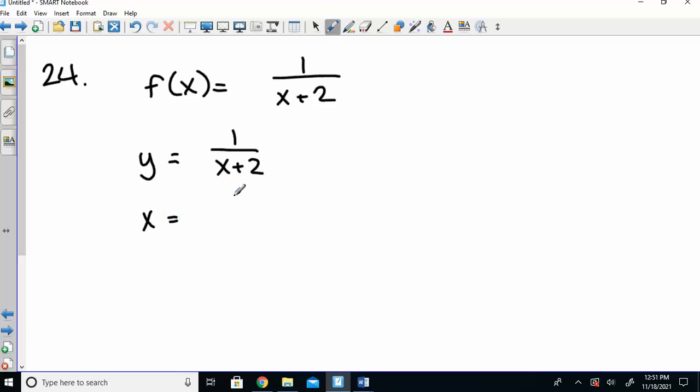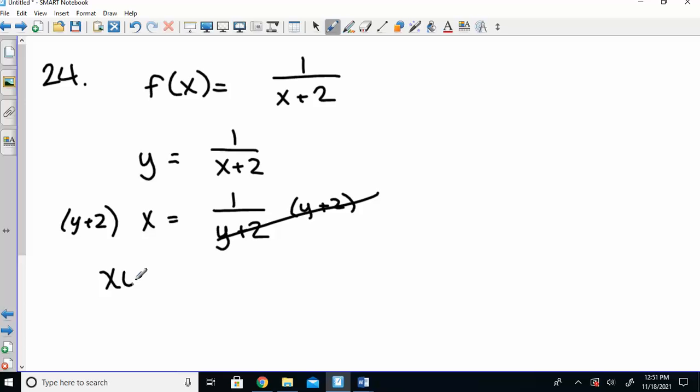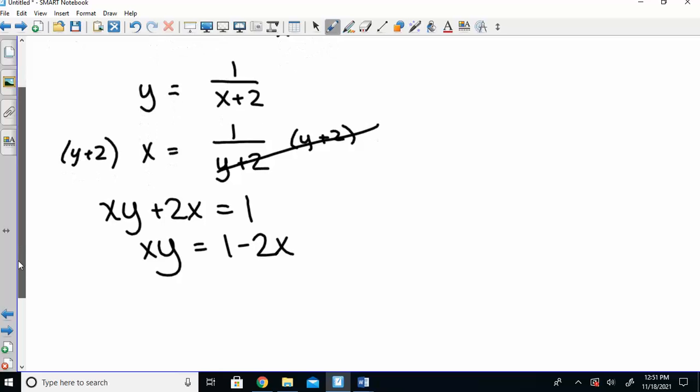And then what do we have to do? Change x to 1. So x equals 1 over y plus 2. Now, we want to get it back in function notation, so we have to solve for y. So we multiply by the y plus 2. So we get xy plus 2x equals 1. Subtract over the 2x.